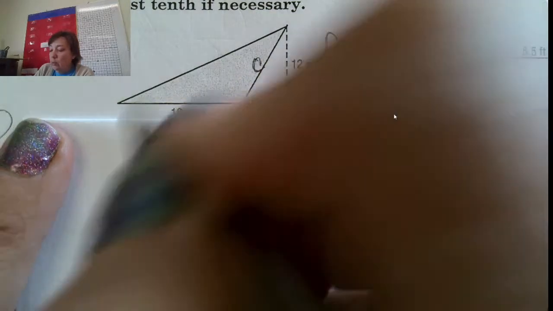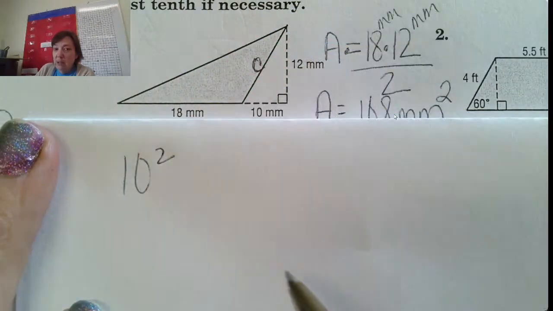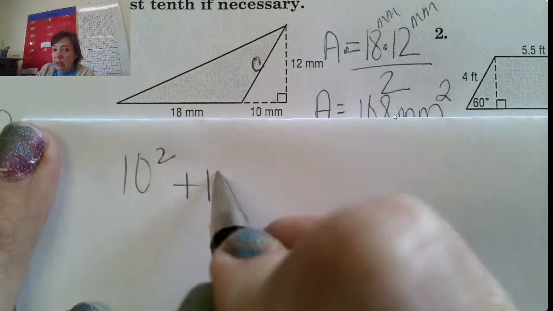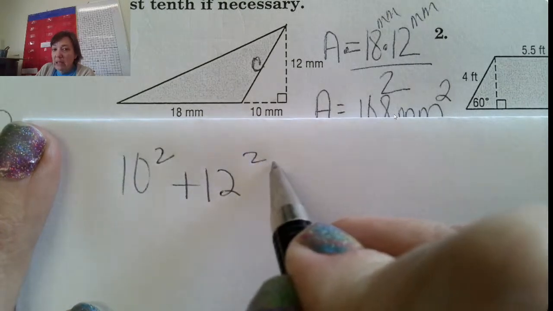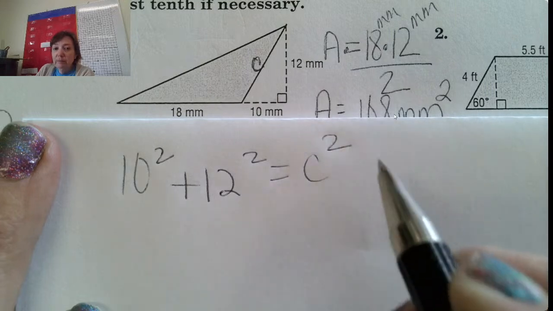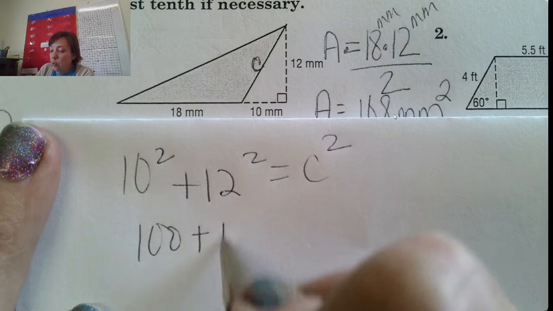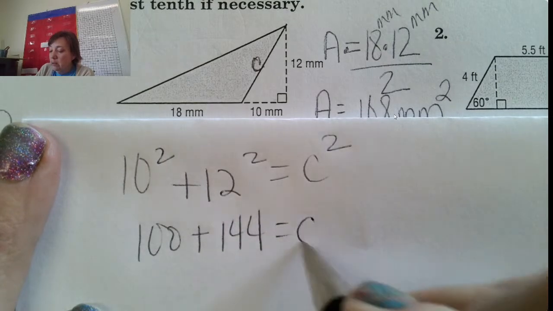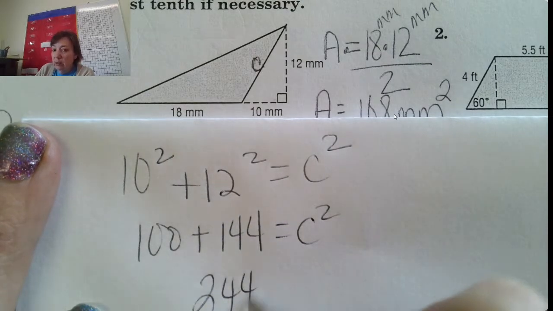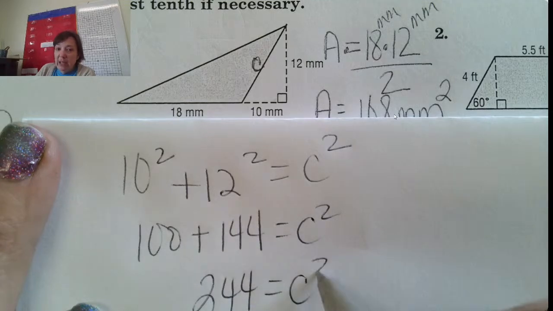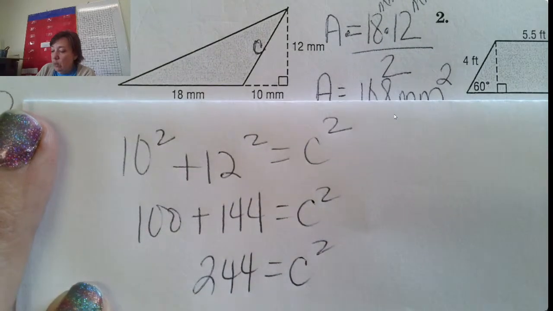So we're going to do 10 squared plus 12 squared equals c squared. So that's going to be 100 plus 144, 244, and then what's our next step going to be? Square root it.